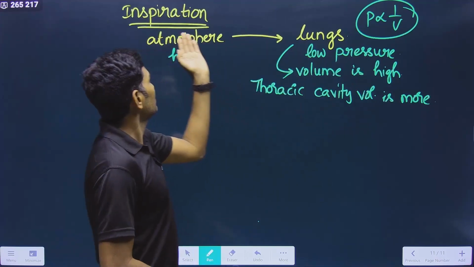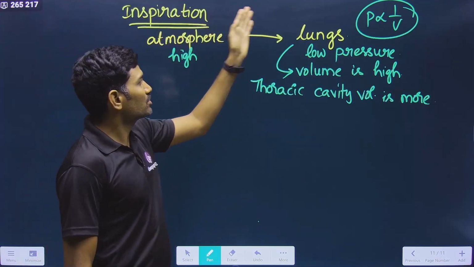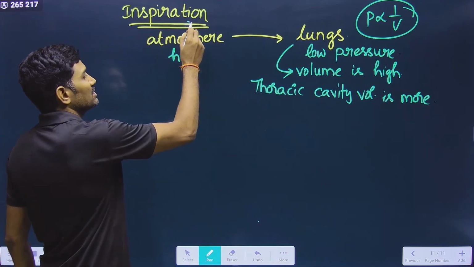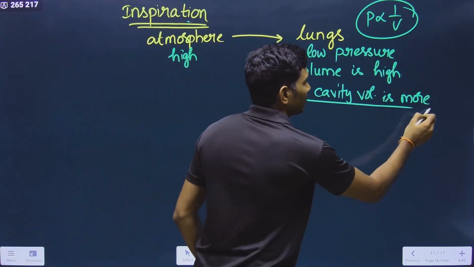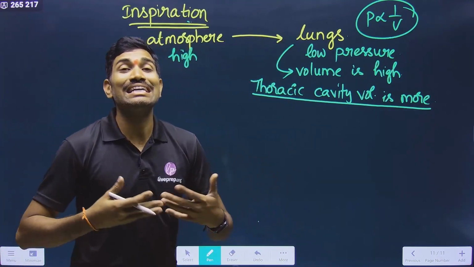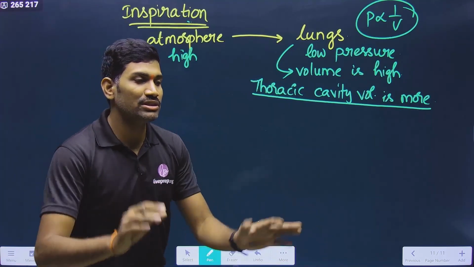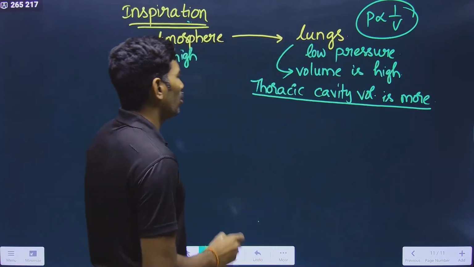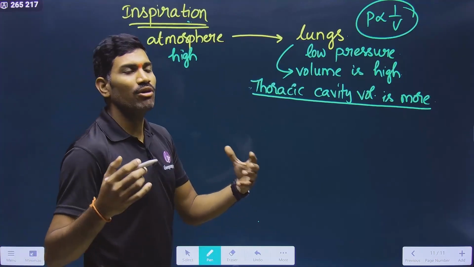When pressure is less, automatically air from the atmosphere will come into the lungs. So during inspiration, thoracic cavity volume should increase. Now think about how it will be increased. Just 2 points.